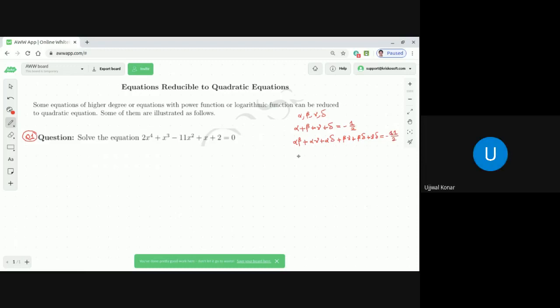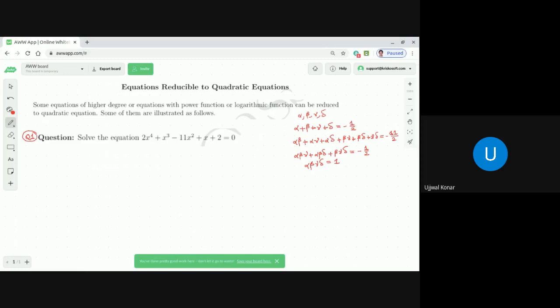Then we take 3 at a time: alpha beta gamma plus alpha beta delta plus alpha gamma delta plus beta gamma delta, that is equal to minus 1 by 2. And finally alpha beta gamma delta is equal to 2 by 2, that is 1, correct or not?